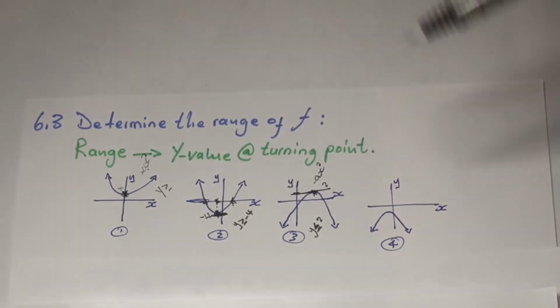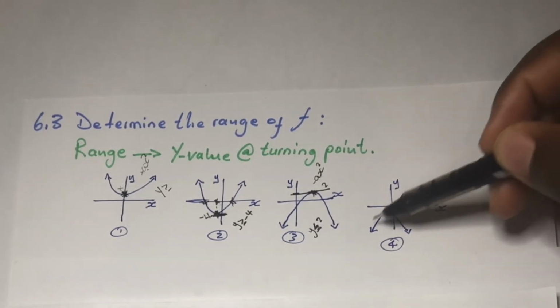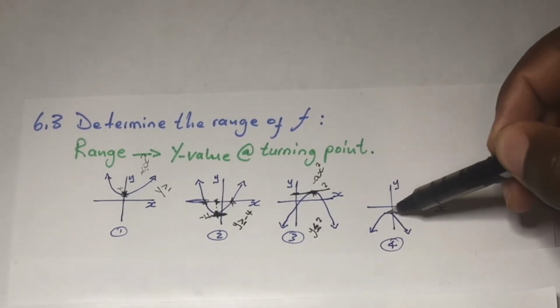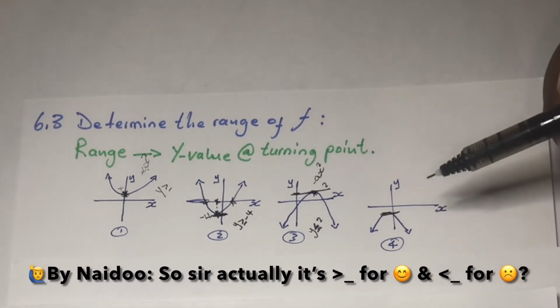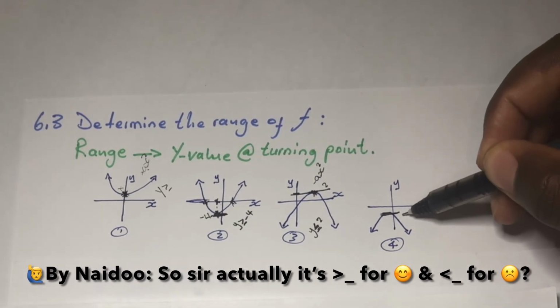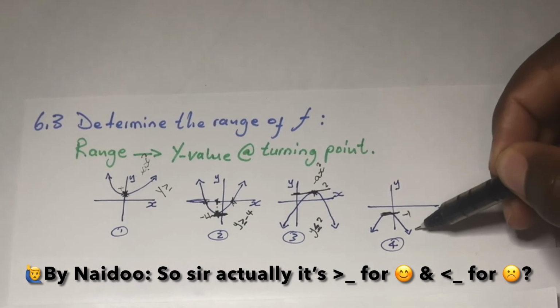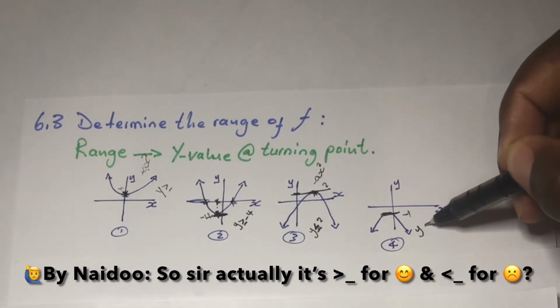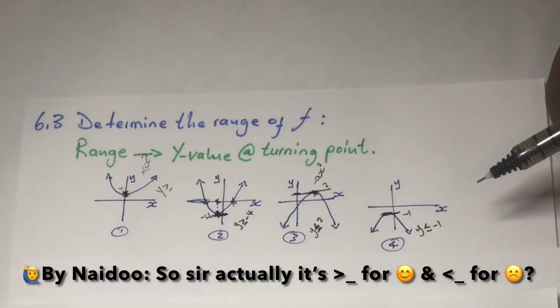Same for graph number 1. And also for graph number 4, you've got your turning point where your y value is negative. So let's assume the turning point is -1. So for the range of this graph, you'd have y less or equals to -1.